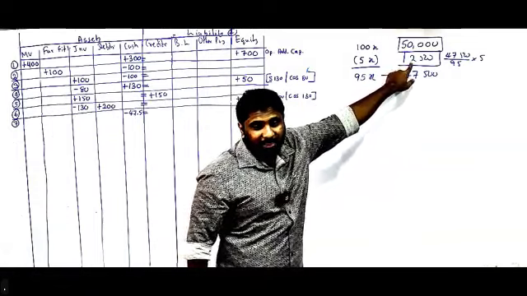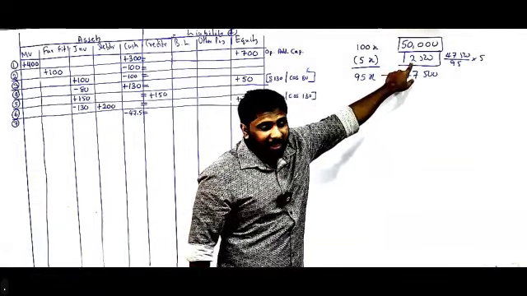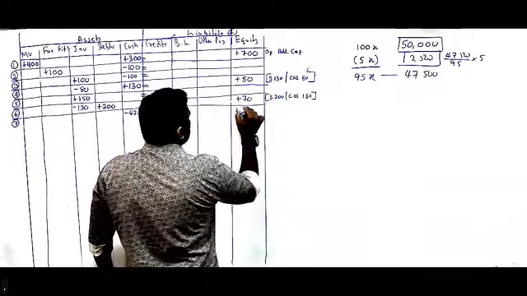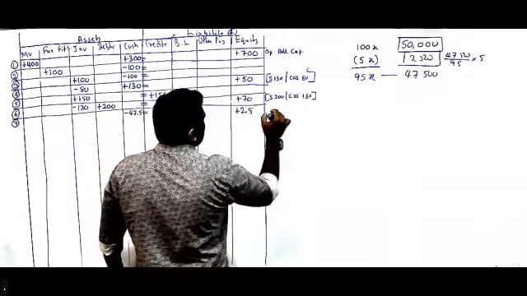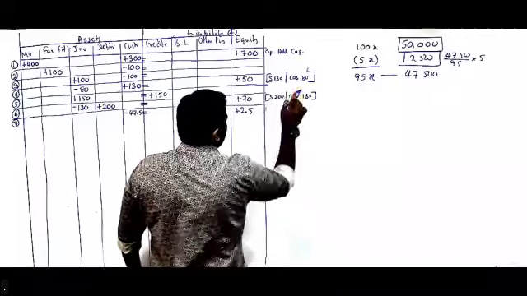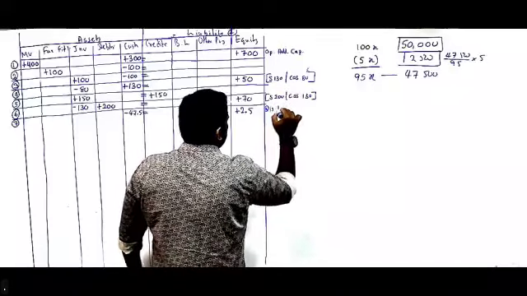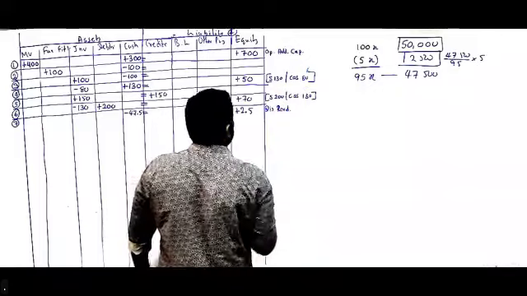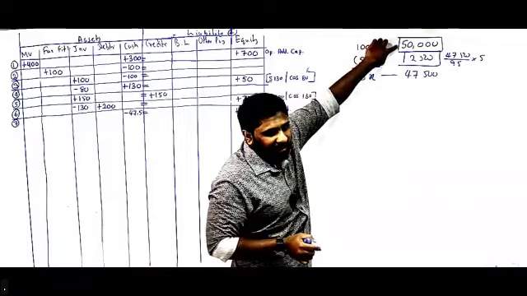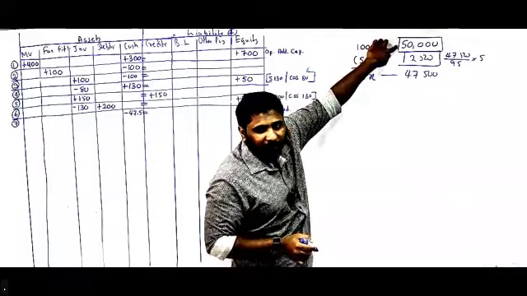Cash discount received is what for the business? An income for the business. Plus 2,500, cash discount received, or discount received income, whatever. Discount received. How much total liability is decreasing? My creditor liability should decrease by 50,000.